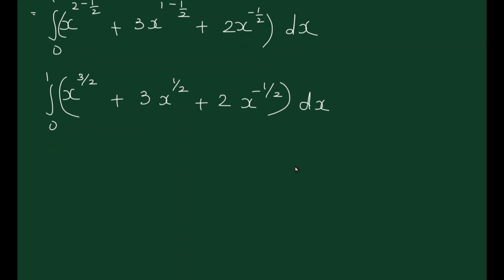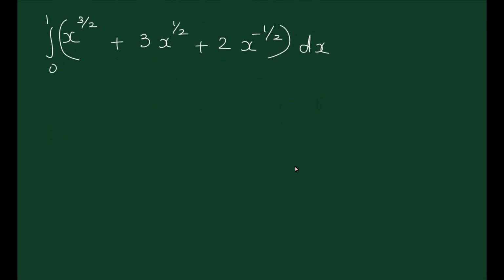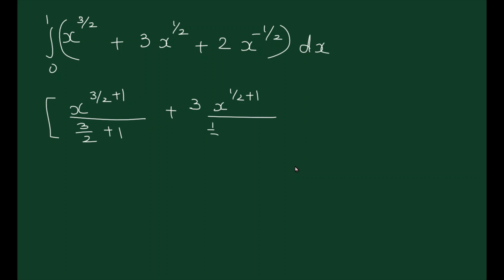And then in the next step, we find out the integral for each term. So we get x raised to 3 by 2 plus 1 upon again 3 by 2 plus 1, because each place we are going to use the formula x raised to n. Here also 3 into x raised to half plus 1 upon half plus 1, and the same thing for the last term also, from 0 to 1.